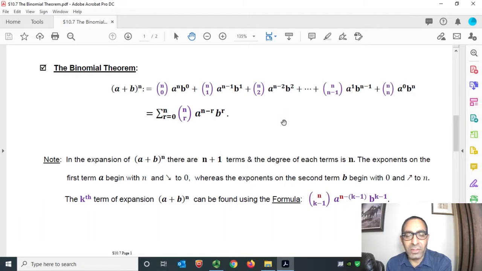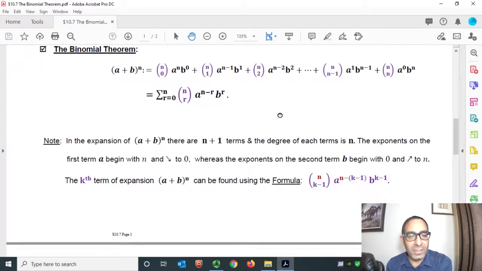So now a quick note, in the expansion of the binomial (a plus b) raised to the power n, there are n plus 1 terms, and the degree of each term is n. The exponents on the first term a begin with n and decrease to 0, whereas the exponents on the second term b begin with 0 and increase to n, which you observe here. Let me go back again to this binomial theorem.